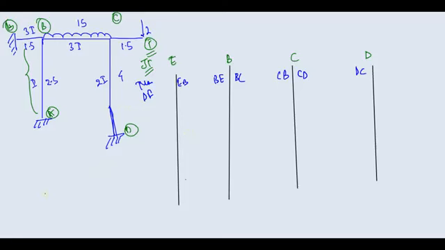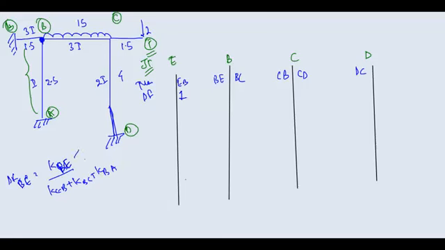Suppose I am writing the distribution factor of EB. It is KEB divided by KEB plus KBC plus KBA, because this B joint is having three different members. Sorry, this is KBE, not KEB. The distribution factor DFEB is obviously 1. KEB is already 1.